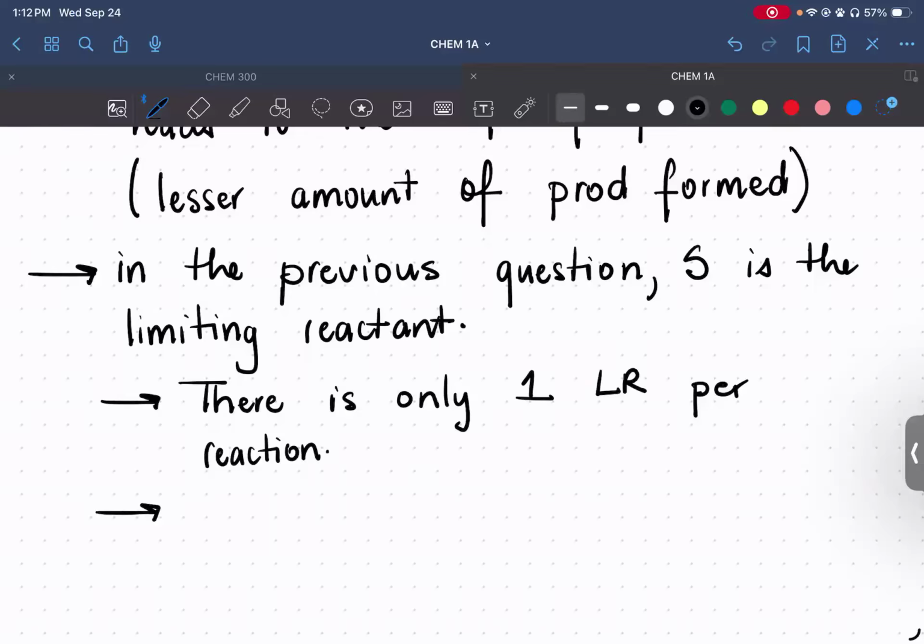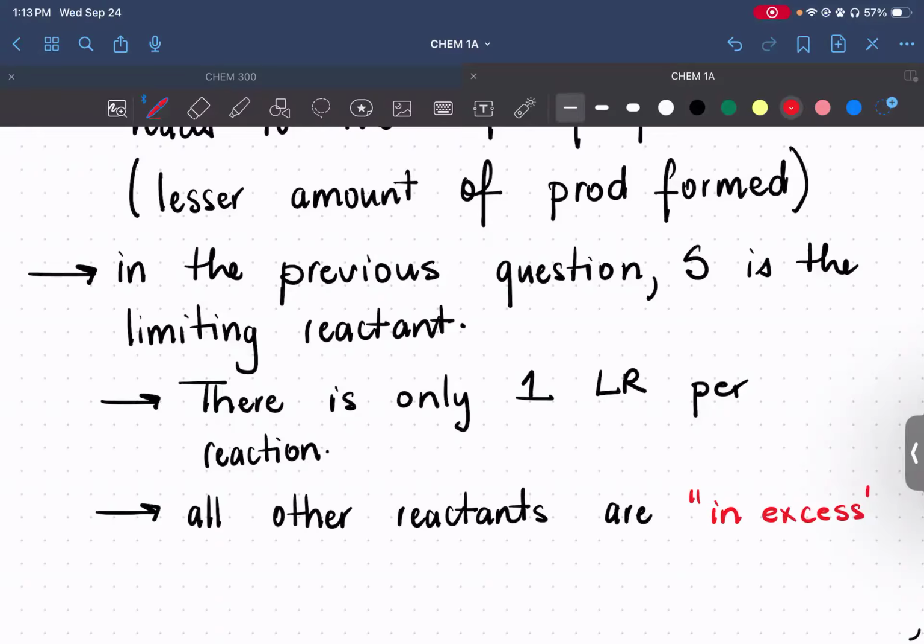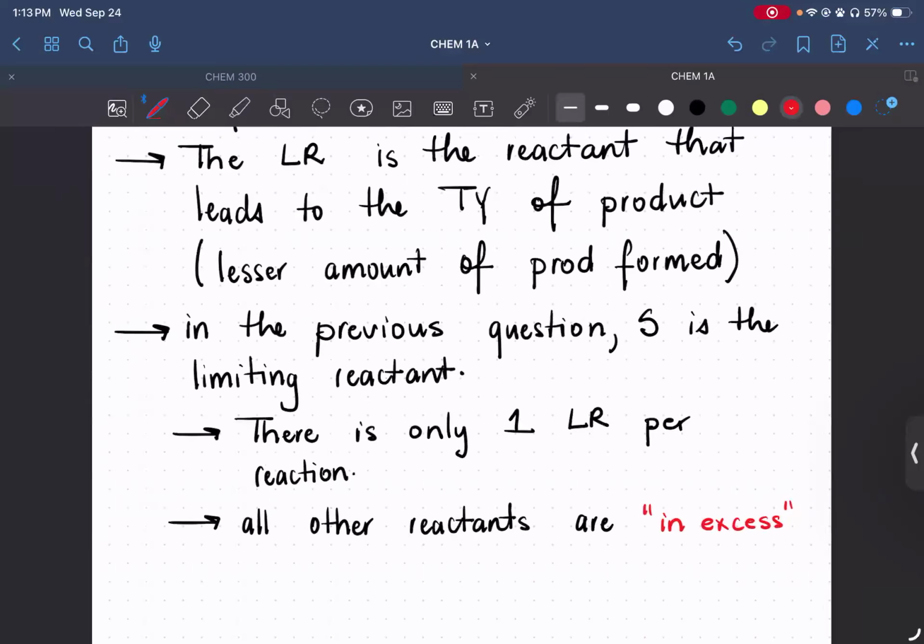What this means is that all other reactants are in excess. Where the term in excess just means that there is just so much of it, which is a pretty neat term to contrast against limiting reactants.